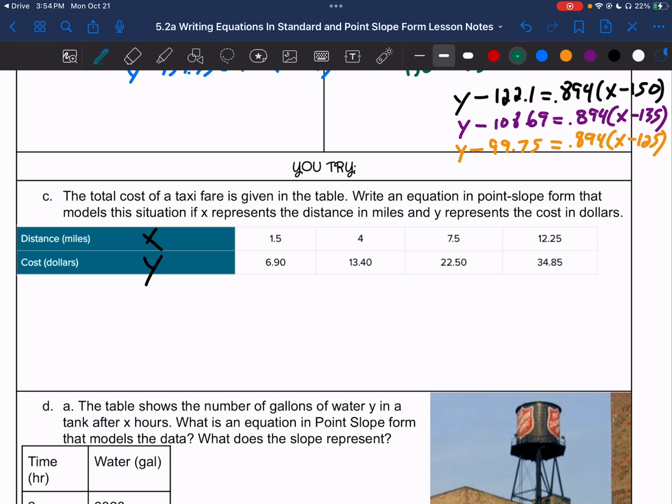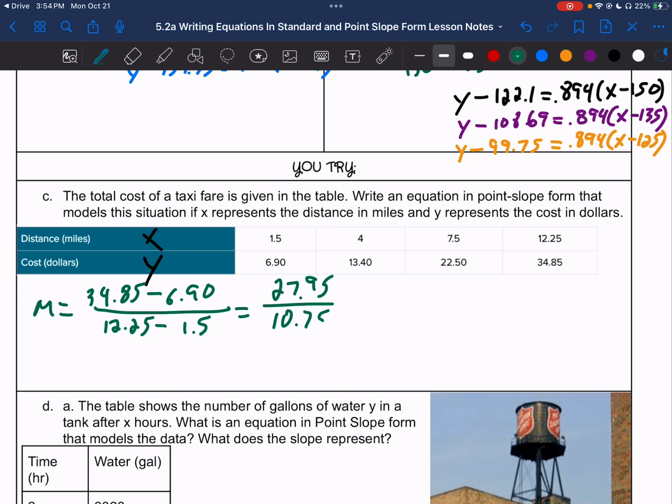My slope is equal to 34.85 minus, I'll take my lowest, 6.90, over 12.25 minus 1.5. So our dollars over our miles. And we get 27.95 over 10.75. Do that division and you're going to get 2.6.